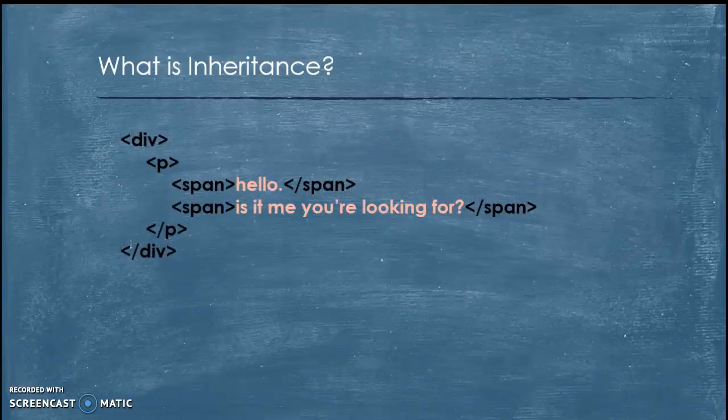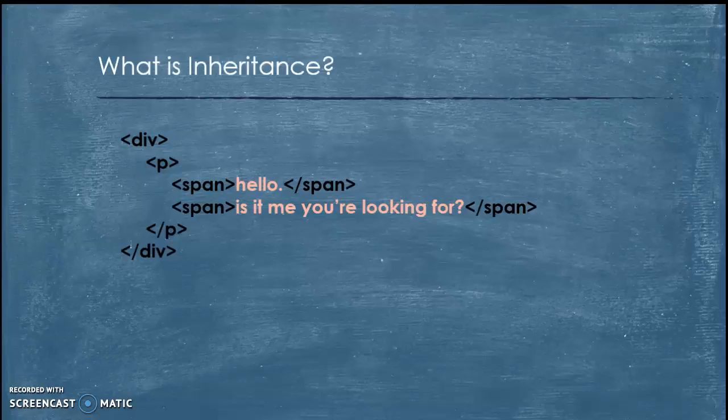Okay, so to understand this a little bit better, we need to review the hierarchy that exists in an HTML document. Let's look here at a very simple HTML snippet. I've got a div, and inside that div I've got a paragraph, and inside that paragraph I've got two spans.